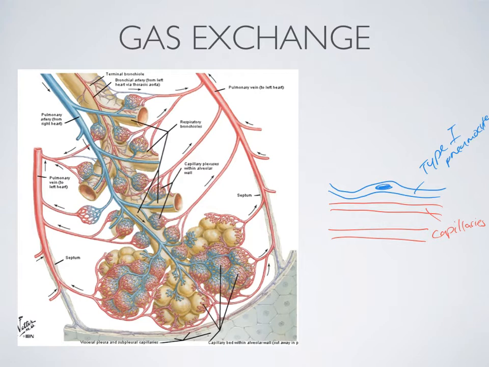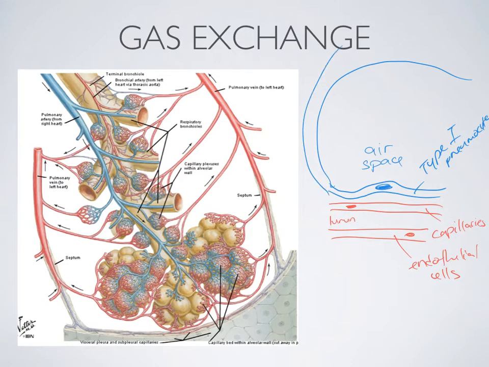So if this is the lumen of a capillary, then these would be the endothelial cells. And here would be the airspace. So if I were to draw this out, this would be an alveoli.